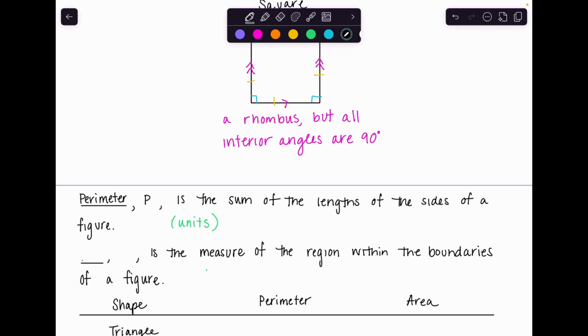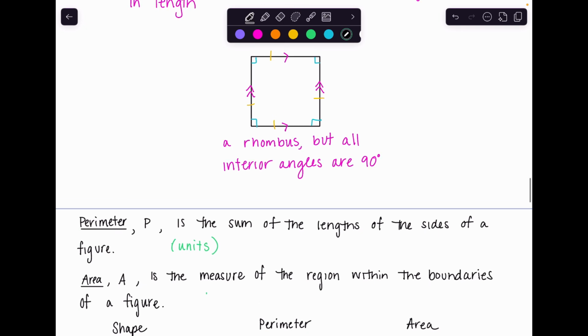When we talk about area, which is denoted with an A, this is the measure of the region within the boundaries of the figure. So how much space the inside of that shape takes up. So because of that, area could be feet squared, inches squared, centimeters squared. If you think about painting a wall, you're talking about the square footage you need to cover.